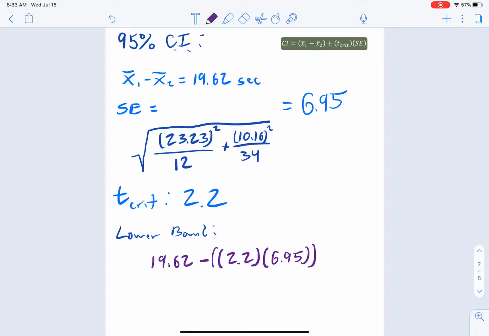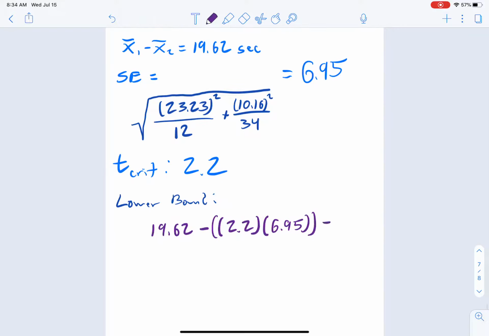Very cool. Okay, so let me get my old calculator out here. 2.2. Sorry, I've got it. Let me double check. Actually, you're gonna hear me type a bunch here in just a second.